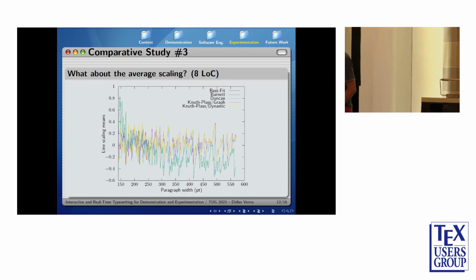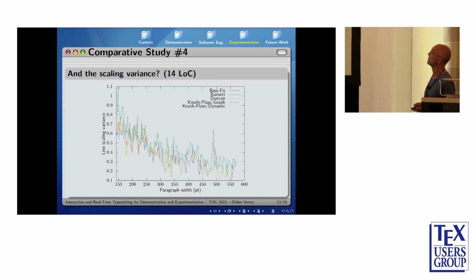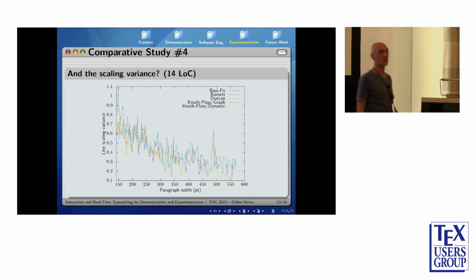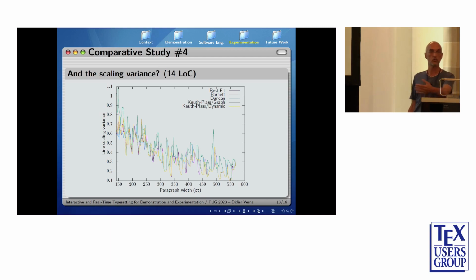This is what you get in 8 lines of code, and as you can see here, for instance, the green line is the Barnett implementation, so it's striking that Barnett has a tendency to compress a lot compared to the other available algorithms. What about the scaling variance? As you can see, and this is comforting, the Knuth-Plass, the yellow one, has a tendency to avoid too high a variance. Can you guess why?